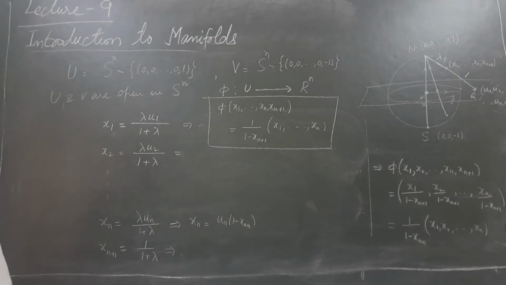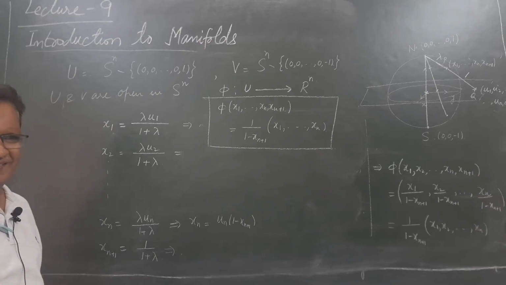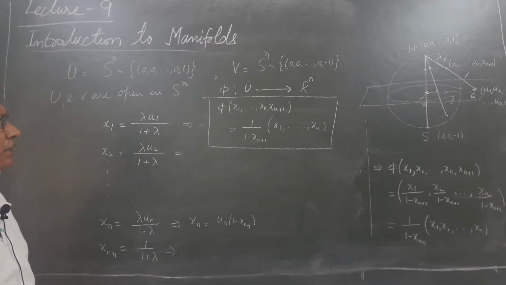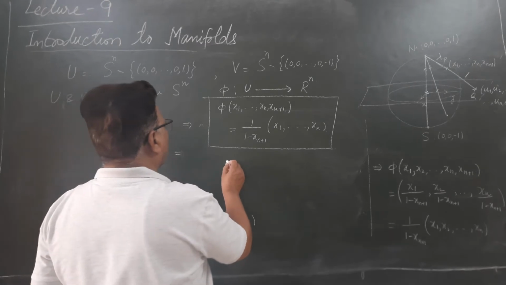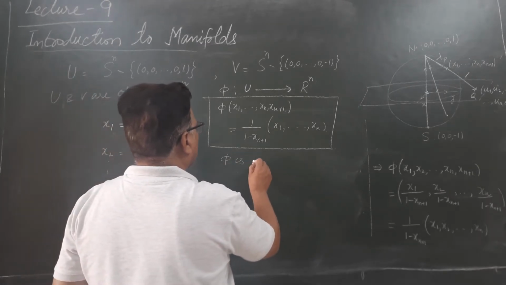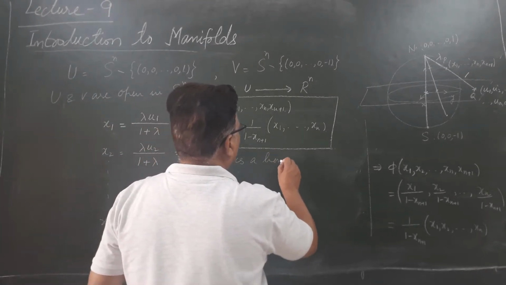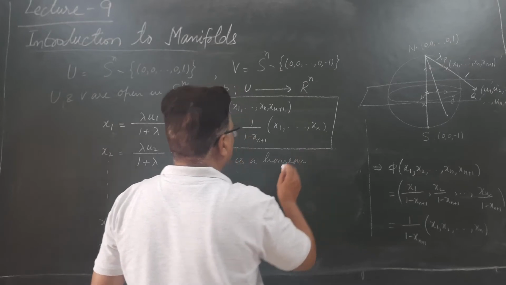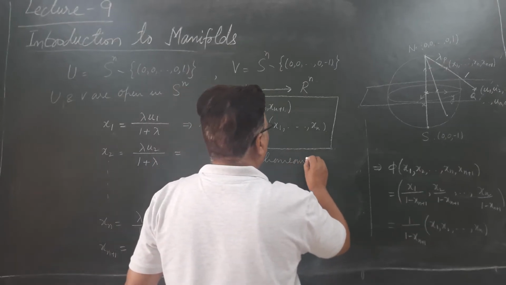This is the map. I will call it a stereographic projection, and it is a known homeomorphism. Phi is a homeomorphism. This is a known thing, so I will not go into description.